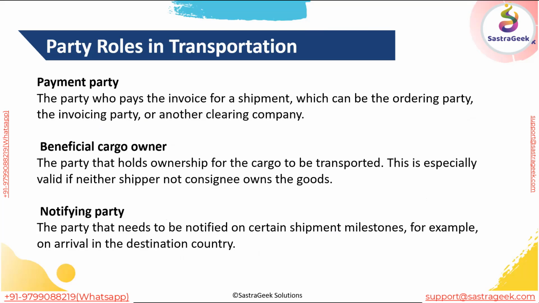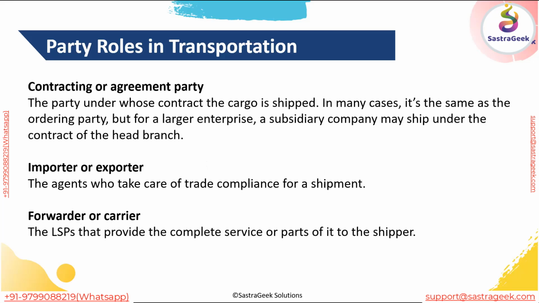Not every terminology is used in SAP TM in the practical world, but consignee and shipper are two primarily used terminologies in SAP TM and in the transportation world, both. Then who is importer, exporter, who is freight forwarder or carrier, and who is agreement party or contractual party.